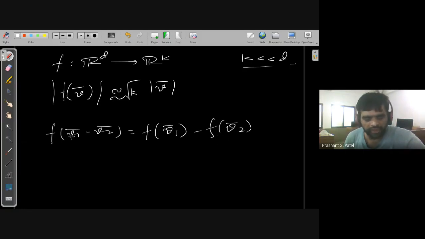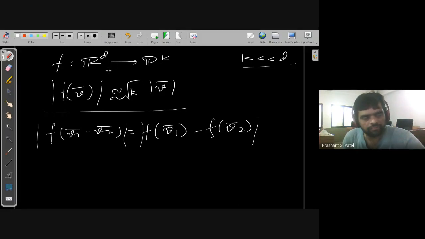So if I take the modulus here, what we can say is that the distance will be preserved, or it is proportional to the distance in R^D. It is equivalent to the distance in R^K. So it is just a factor, square root of K, that is multiplied.